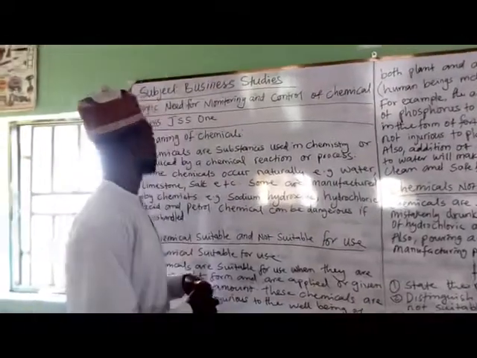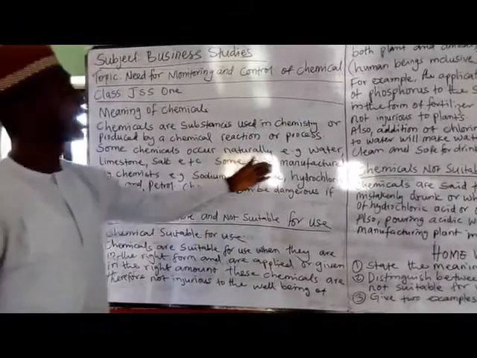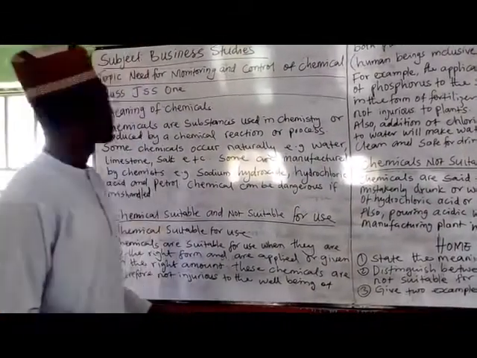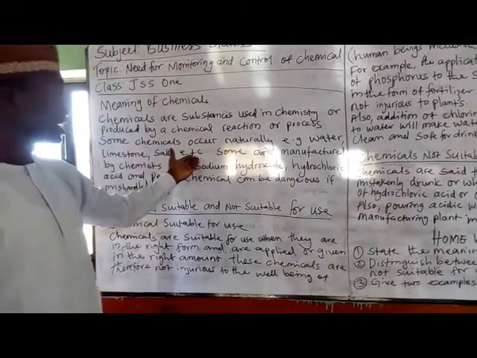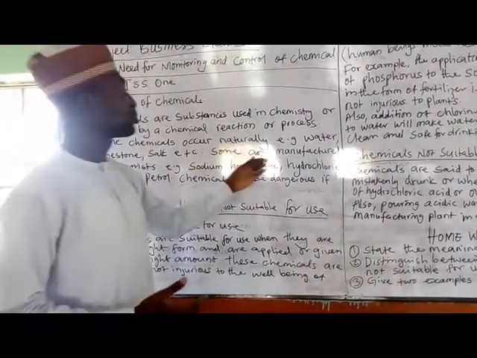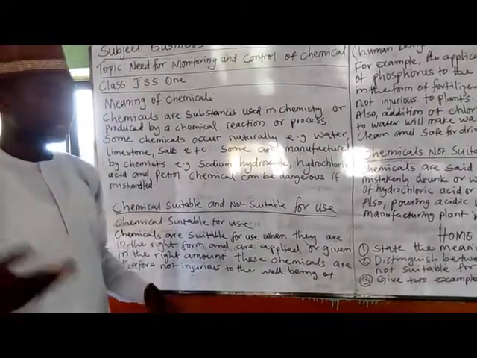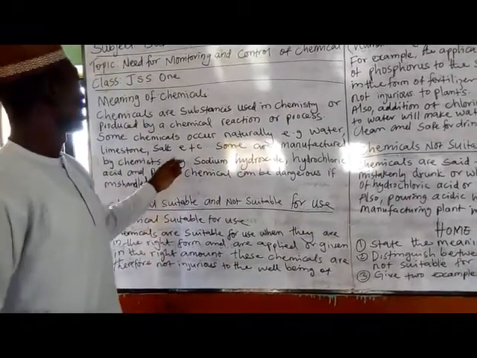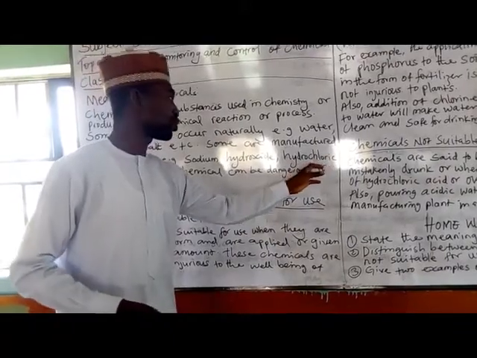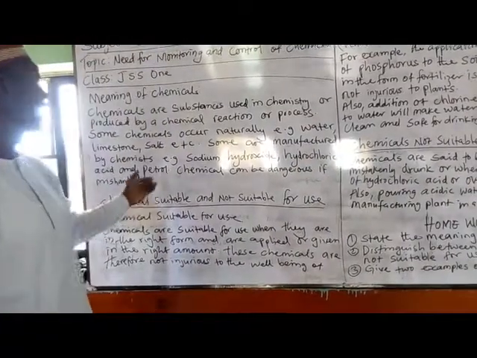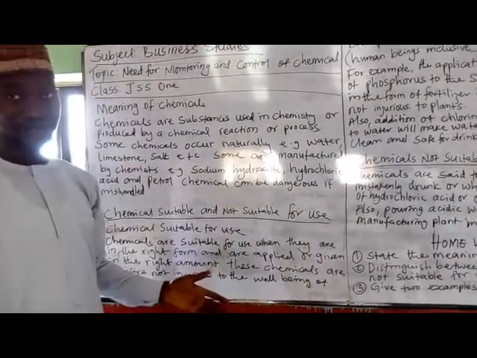Some chemicals occur naturally, for example water, limestone, salt, etc. Some chemicals are manufactured by chemists in the lab, for example sodium hydroxide, hydrochloric acid, and petrol.